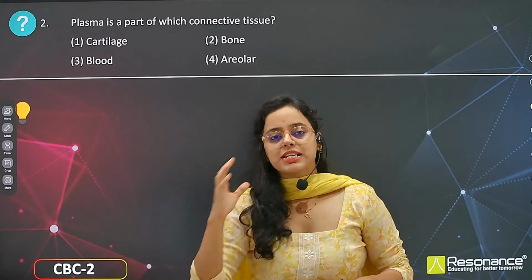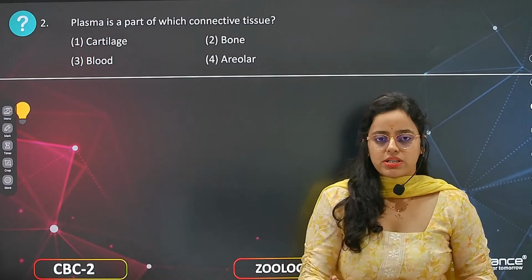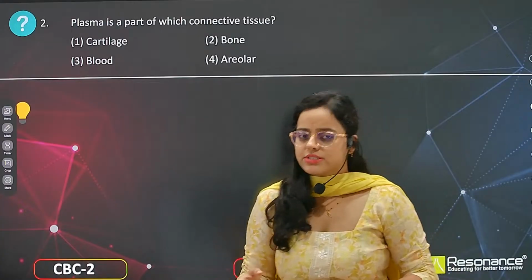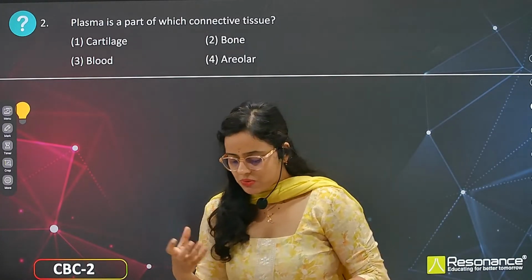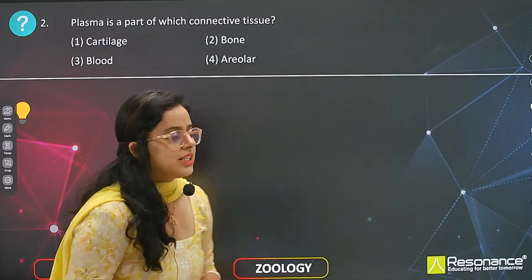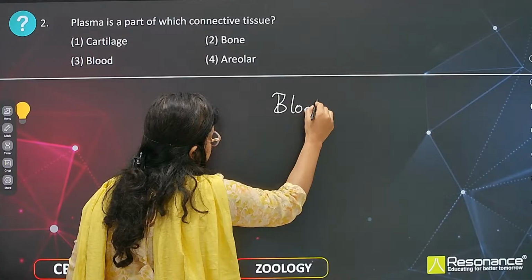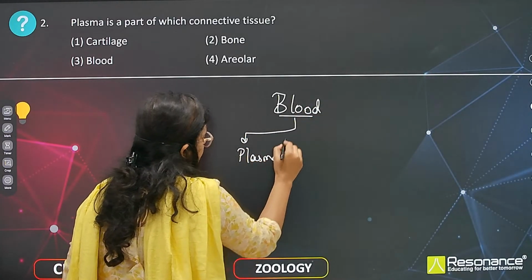The plasma is made up of water. 90 to 92% is water, and remaining 7% is proteins, and the remaining 1 to 2% consists of various minerals, glucose, amino acids. So blood consists of plasma. It's a specialized connective tissue which consists of plasma and cells.